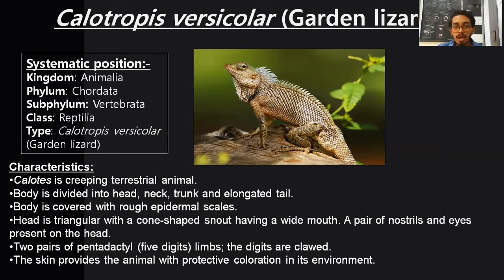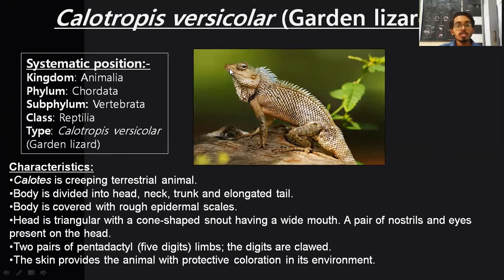The body is dry and is divided into head, neck, trunk, and a long elongated tail. The body is covered with rough epidermal scales. The head is triangular with a cone-shaped snout, having a wide mouth. The mouth extends from here to the other end. The mouth is very wide.